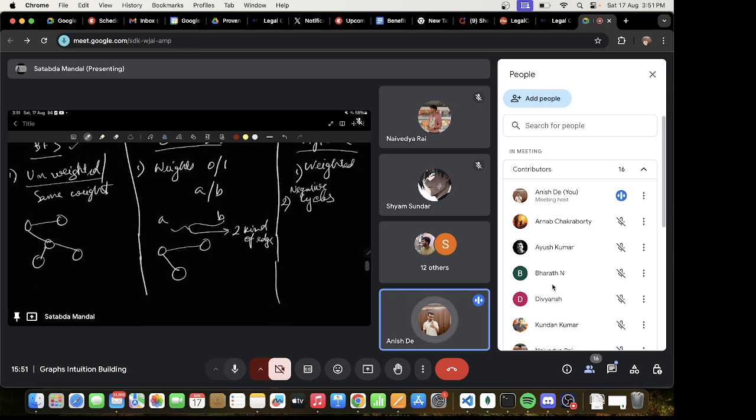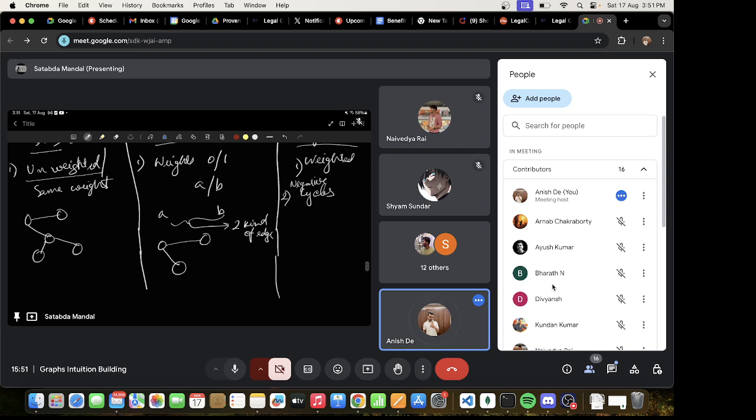Or it can be something like this, a real life problem statement: to travel through some roads you don't need to pay toll tax, and to travel through some roads you need to pay toll tax. So there are two kinds of edges here. The roads where you don't need to pay toll tax are of weight 0, and where you need to pay, it's of weight 1.